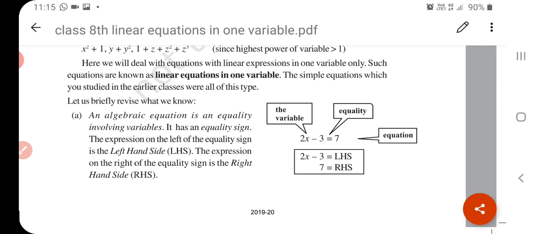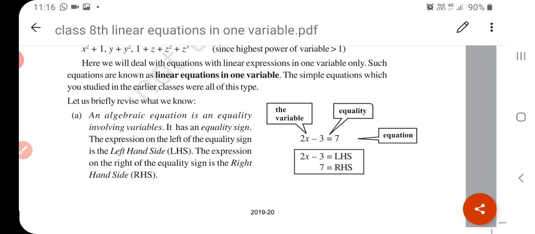That is, the highest power of the variable appearing in the equation is 1. Okay, meaning the highest power of the variable should be what, children? It should be 1. And how many variables will be in that equation? Only one variable, the highest power is 1 and they have an equal to sign, meaning they have two sides, LHS and RHS. Then that is called an equation.